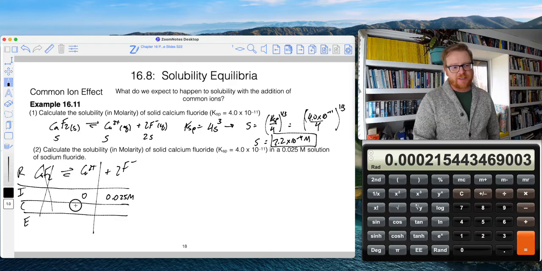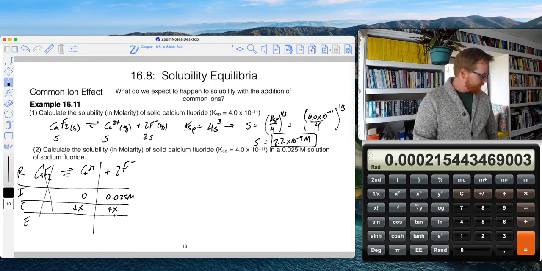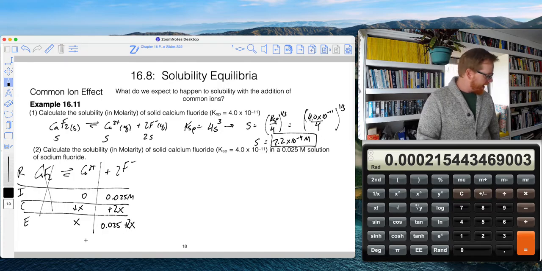So we know that this is 0, so that has to increase from x. So we know that then this would also have to increase by, of course, 2x. Okay. And so now that means this is just x, and now this means this is 0.025 plus 2x.